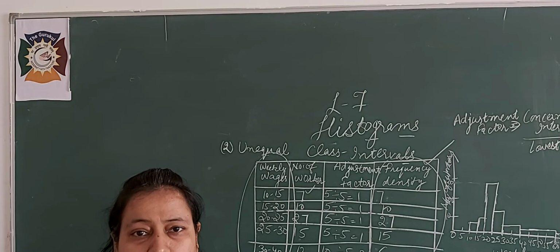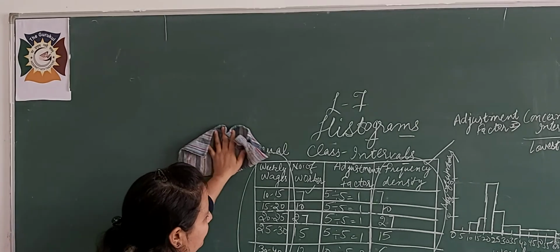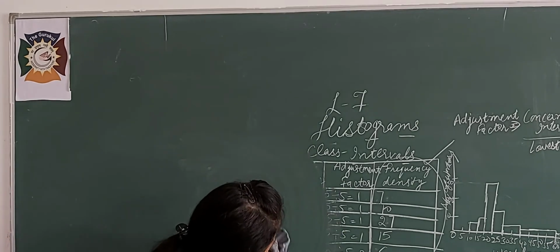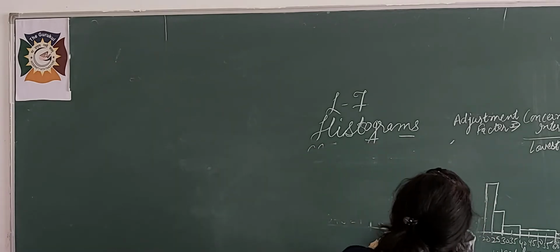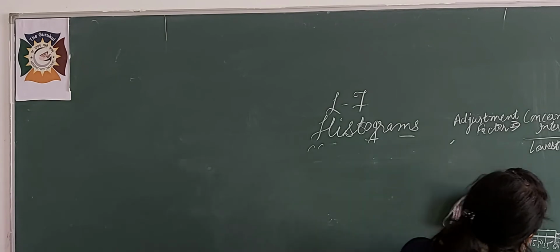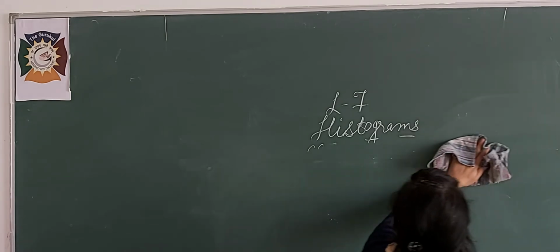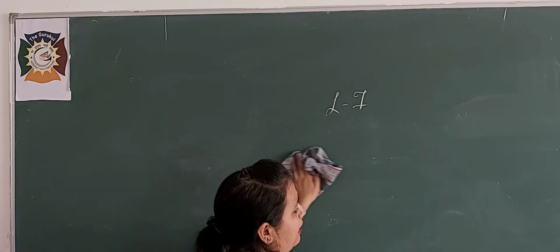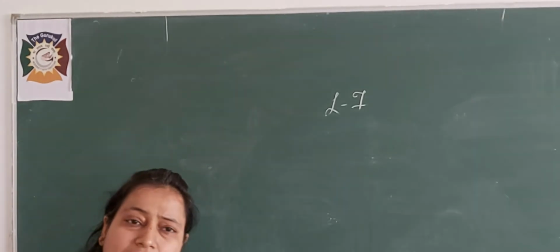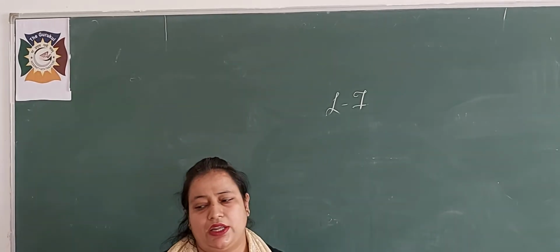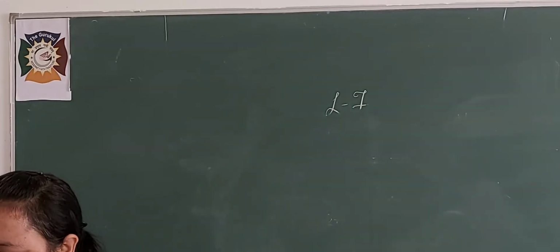Next topic we shall start, that is polygon. I already told you we shall do 2 topics in this video lecture, histogram and polygon. We completed 2 parts of histogram: equal class interval and unequal class interval. Now we shall start polygon.